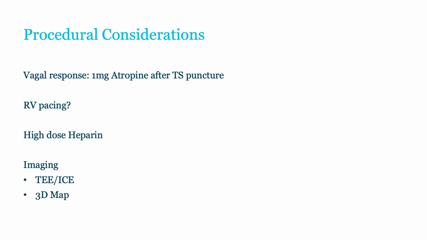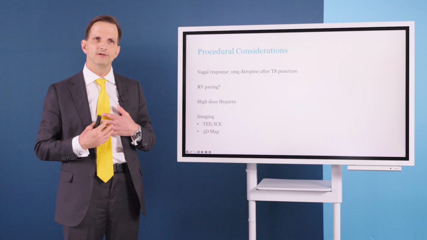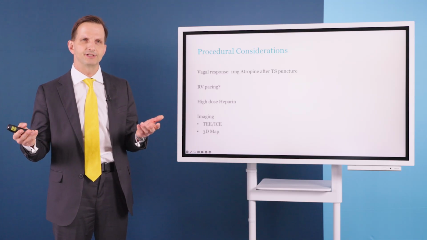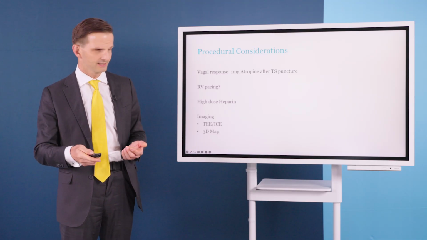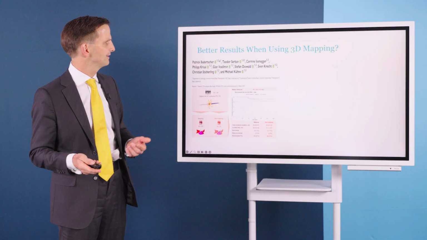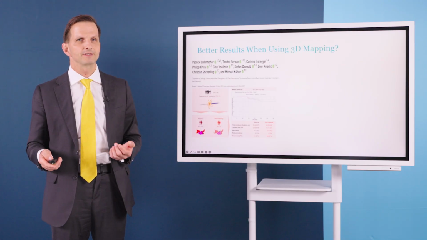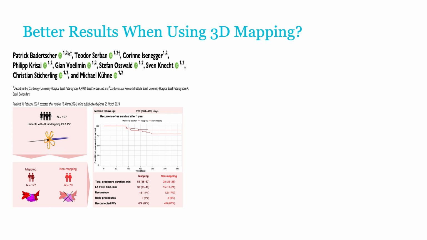And then you have to decide whether you use TE, ICE, or a 3D mapping system. In my opinion, if you use TE or ICE to guide the procedure, that's rather a matter of taste. However, I think there is more evidence for 3D mapping systems. Do we have any data supporting the use of a 3D mapping system?